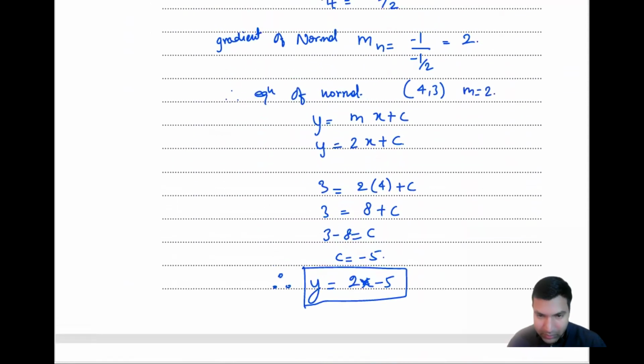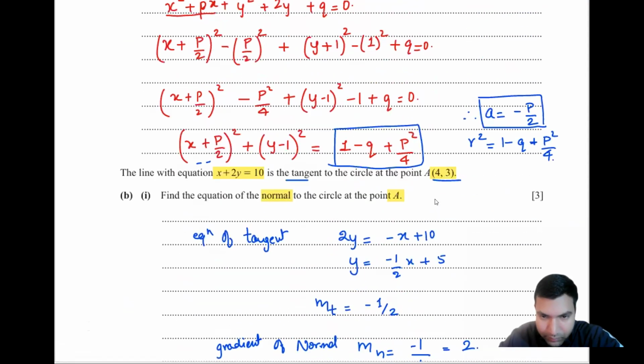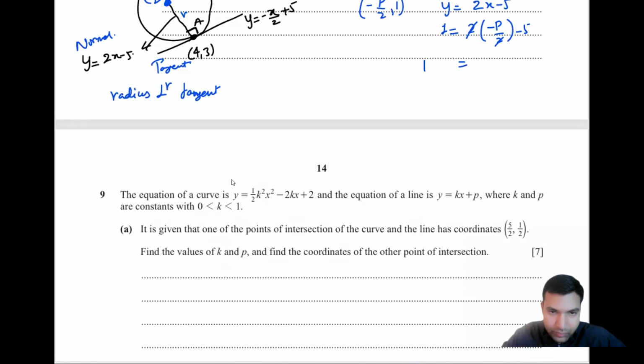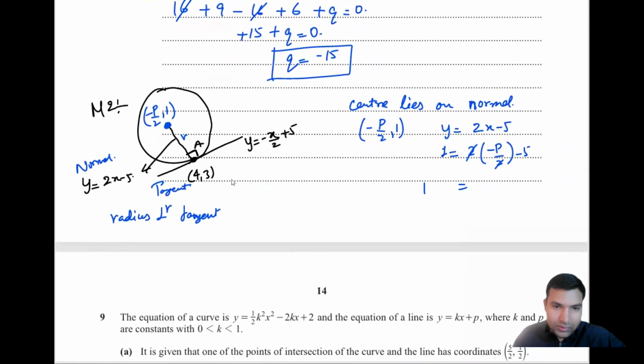Yeah, makes sense. 2x minus 5, so minus p/2 and y is 1. Okay, makes sense. All right. So here we have -p/2, and we get 1 equals minus p minus 5, right?